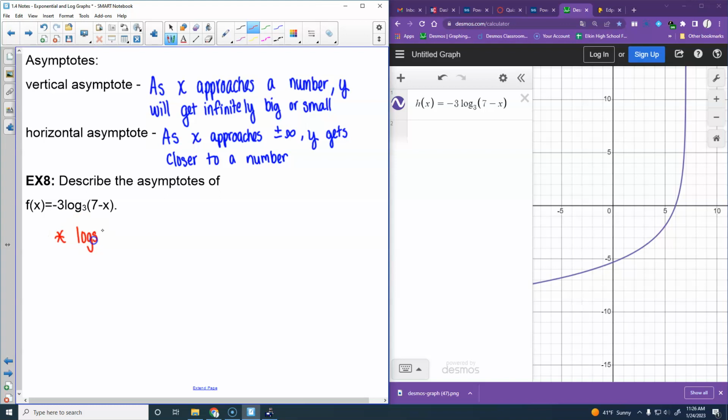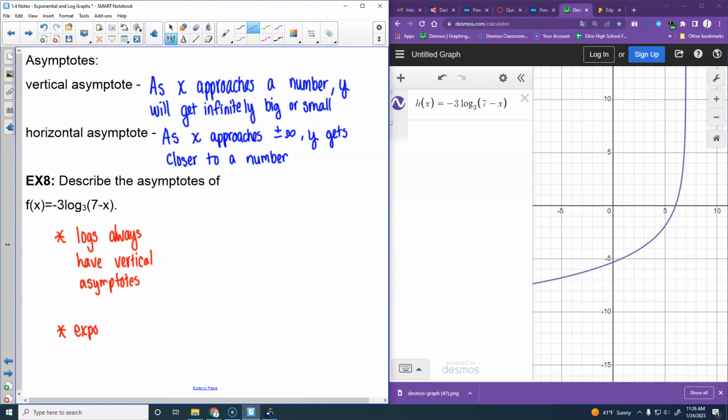Logs always have vertical asymptotes. And we're not looking at exponentials right now, but let's go ahead and write it.